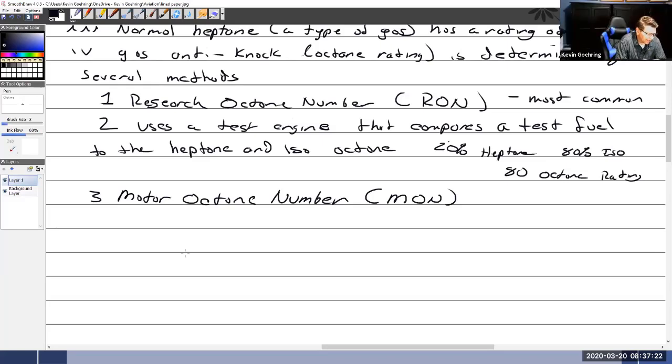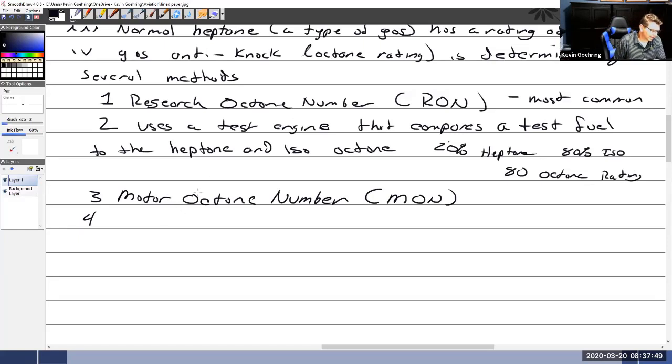They determine it at 900 RPM engine speed instead of 600. It uses a similar engine to that used in the RON, but with a preheated fuel mixture. They just do it very differently, and we don't really need to get into that. But anyway, so we get all of that. That's just another way of doing it. But we put those all together, and this is exactly what you just said.